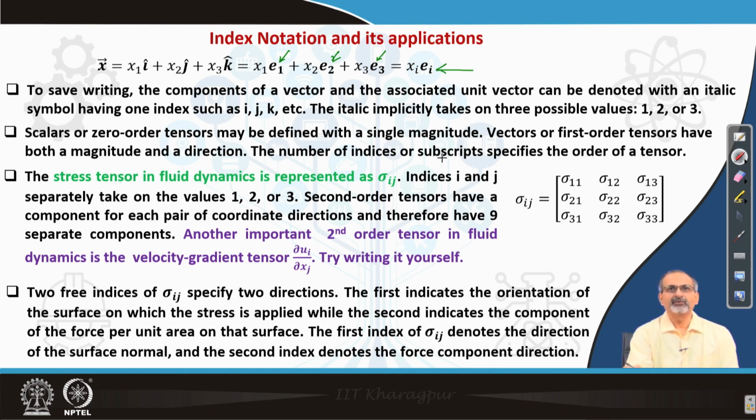So, to save the writing pain, the components of a vector and the associated unit vector can be denoted with an italic symbol having one index such as i or j or k. The italic implicitly takes on three possible values 1, 2 or 3.